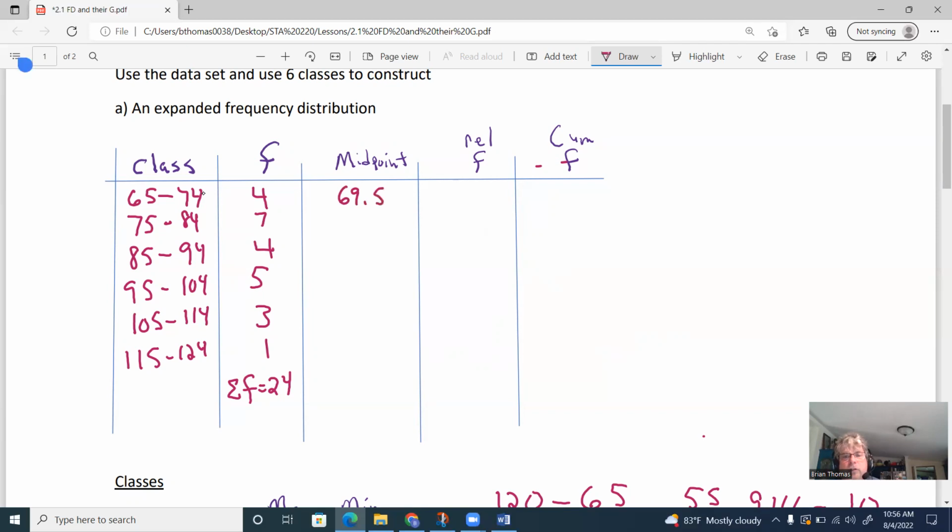So again, to do that, you're going 65 plus the 74, and then you're dividing that by 2. And so that gave me 139 divided by 2, which was this 69.5.